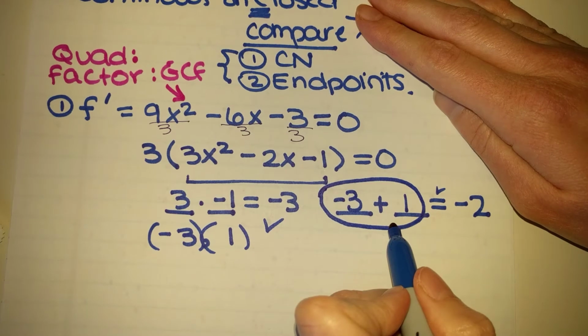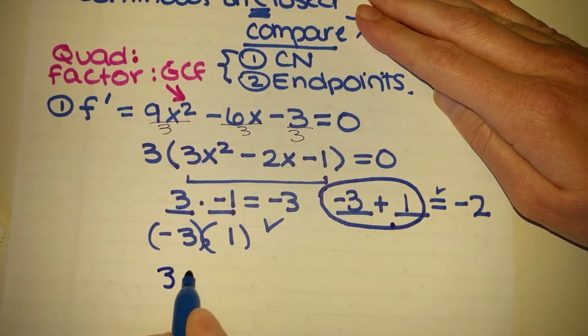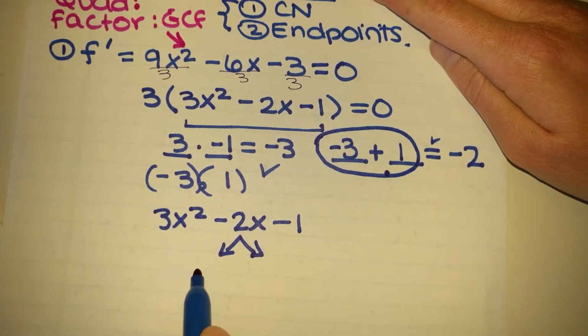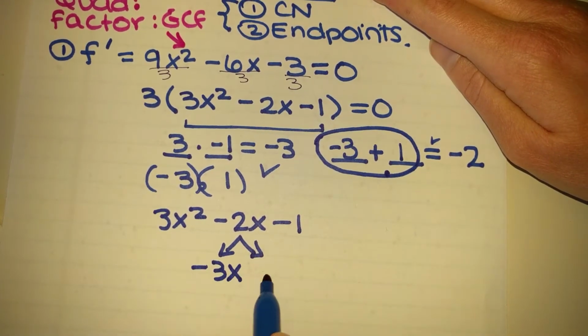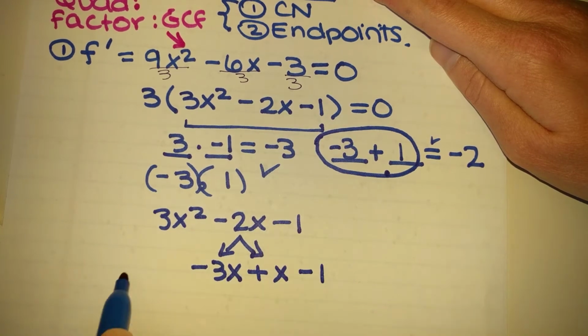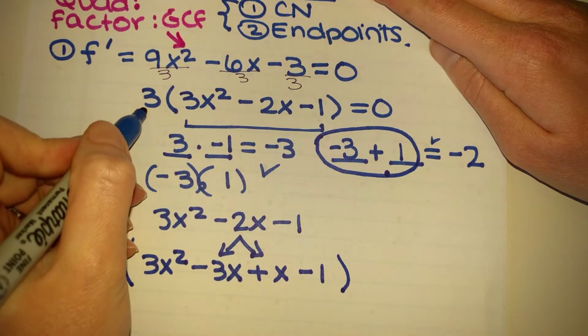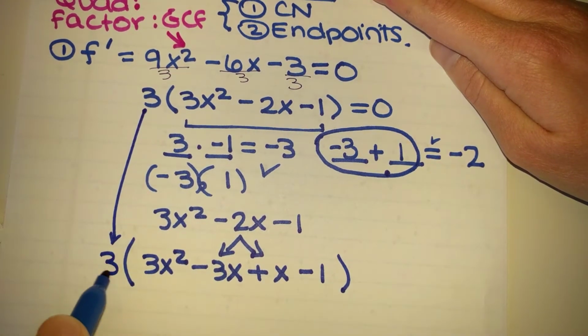So once we have that winning combination, we take our 3x squared minus 2x minus 1 and split up this middle term. So we split it into 3x squared minus 3x plus x minus 1. Now we still have our 3, our GCF, that comes straight down.